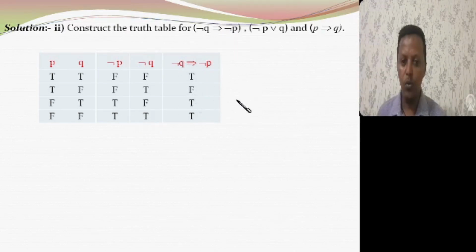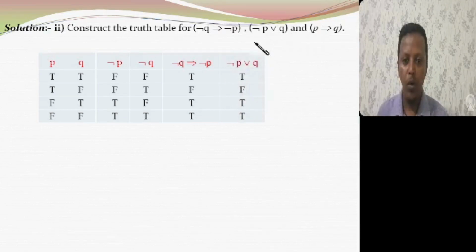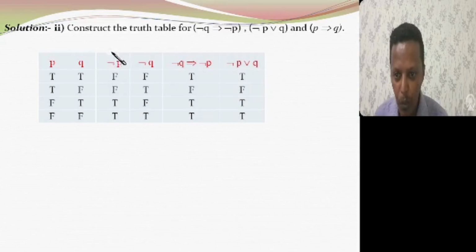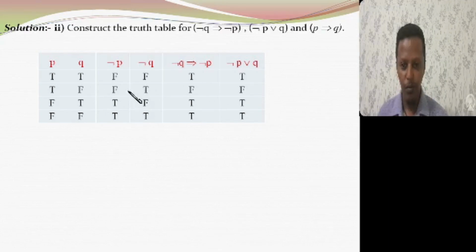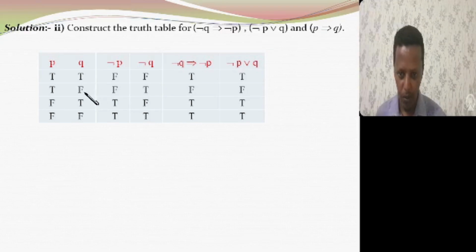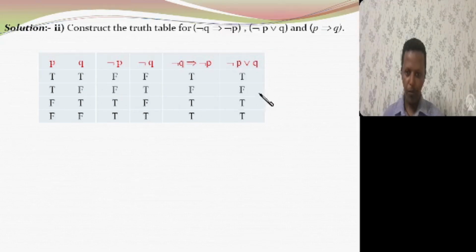Again, for negation P or Q, we combine negation P, the third column, with the second column based on what? Disjunction. In case of disjunction, when both are false, it is false. Otherwise, it is what? True. Both are false in the second row. False or false, false. True or false, true. True or true, true. False or true, true.